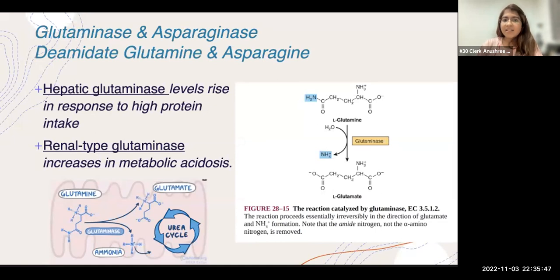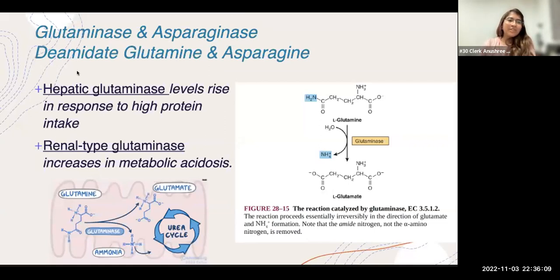Do you get the whole process? Glutamine carried the ammonia to the liver so that it can safely remove the ammonia, because liver is the only place where ammonia can exist freely. Is everyone clear with that? I cannot stress enough on that.